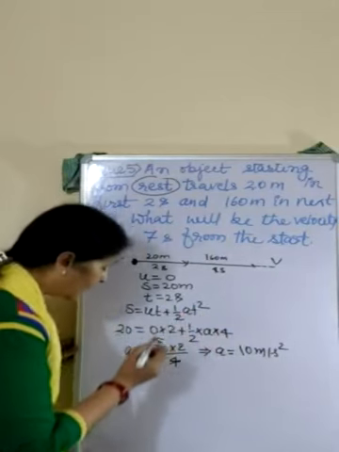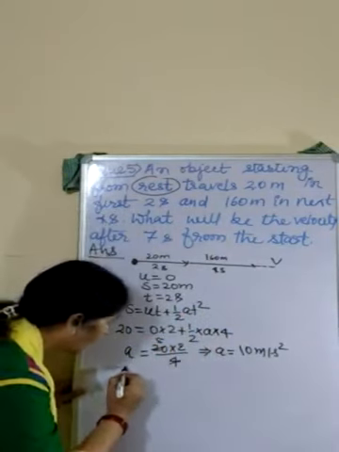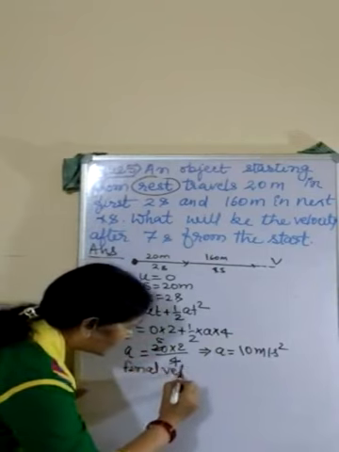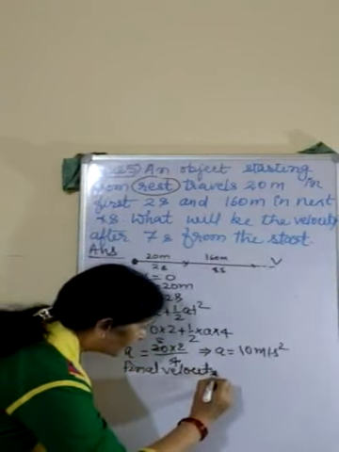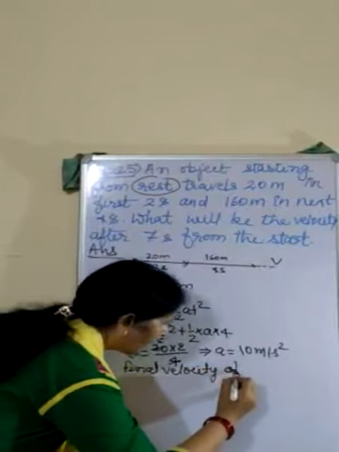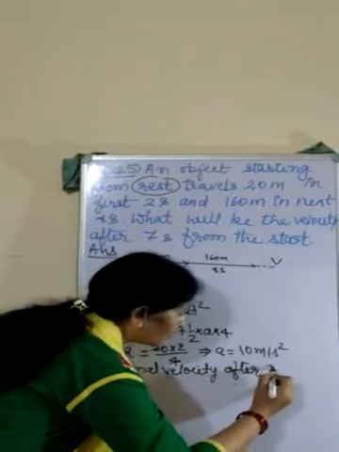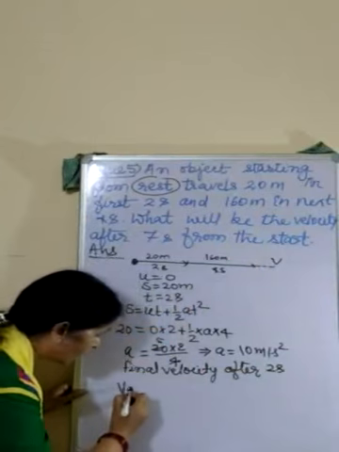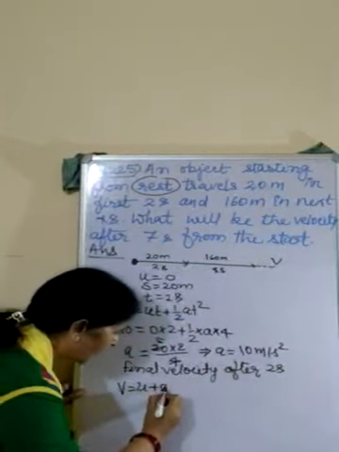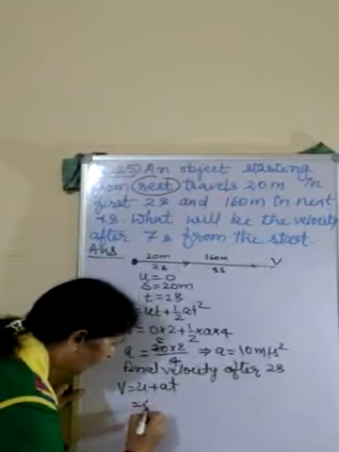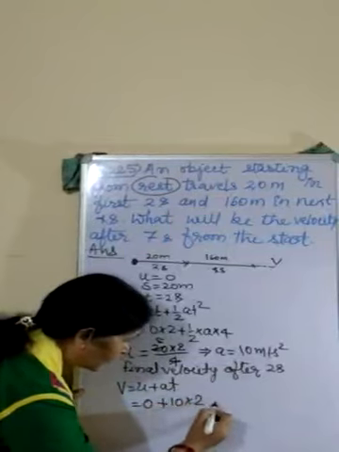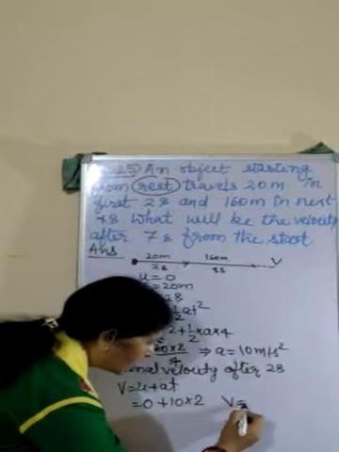Then final velocity after 2 seconds is v is equal to u plus at. U is 0, a is 10, and time taken is 2. So the final velocity will be 20 meter per second.